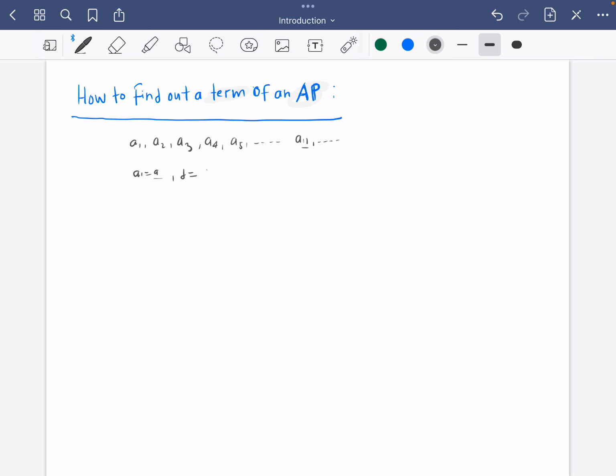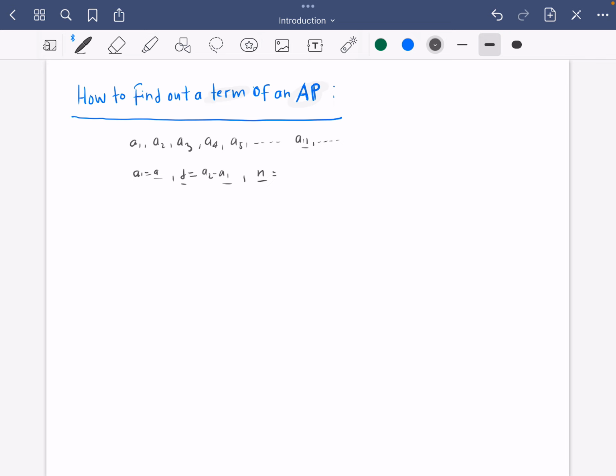For example, A2 minus A1, the difference between two terms in a row is always going to be the same. Let's say it's D, and let's say the term which you want to calculate is term number n. So these are the notations we are going to use here to derive a formula to find out the general term of an AP.